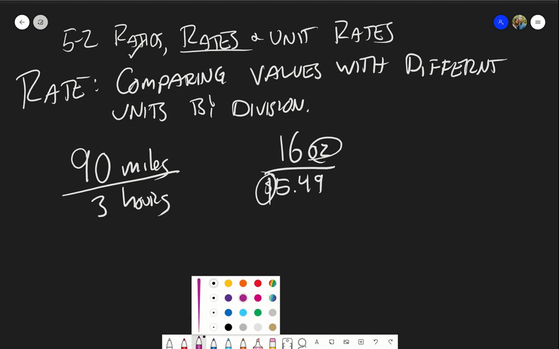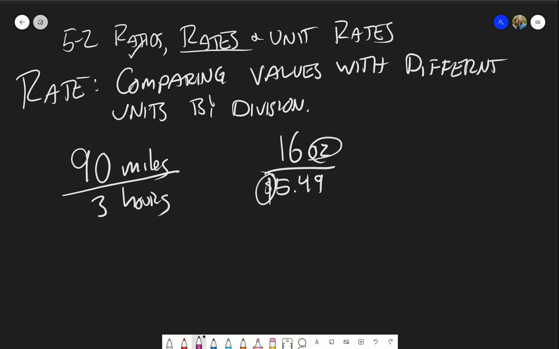And then within rates, most of the time we see unit rates. Unit rates are rates where the second value is 1.